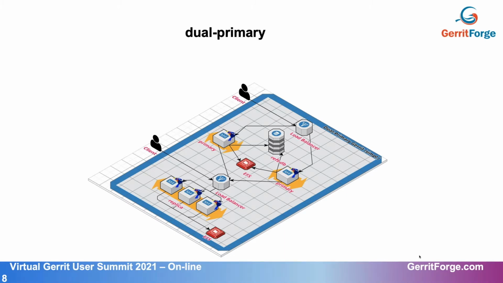They share Git data over EFS, which is the AWS managed NFS, and they avoid split brain by checking the ref database, so that when a write request is received by Gerrit, it will first check its validity against the ref database.